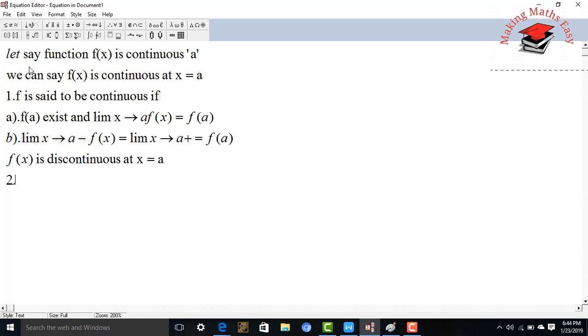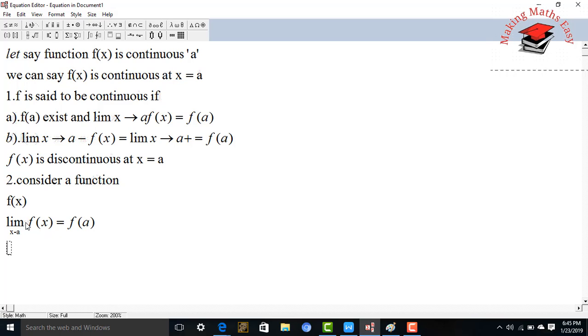So let's prove it. Consider a function f of x. We know that lim of x tends to a of f of x equal to f of a.